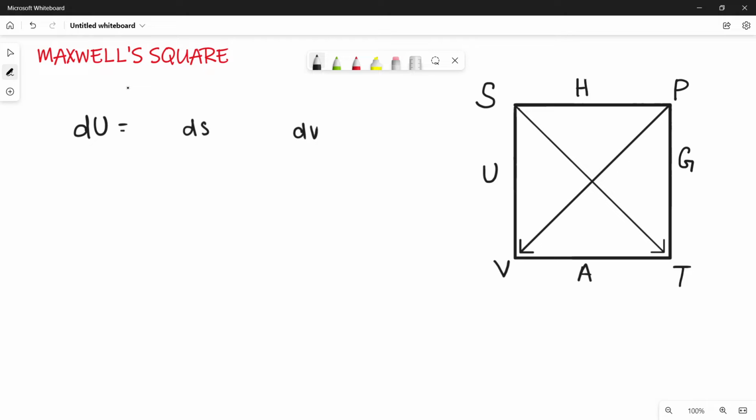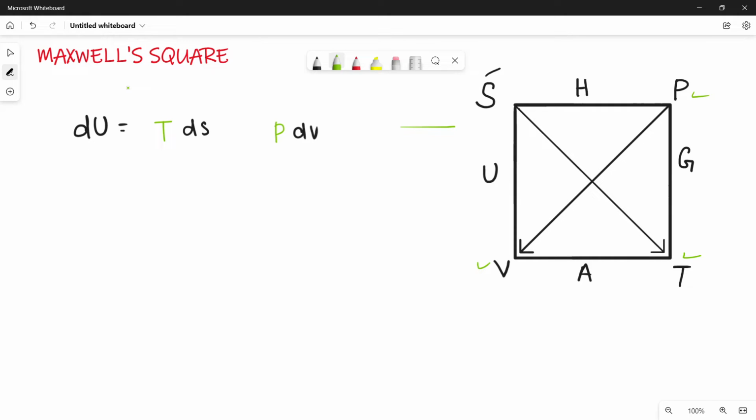Then just check what is opposite to these two quantities. Here I have to check what is opposite to this S. Opposite to S, T is there. So I can write TdS, and opposite to V, P is there, so I write PdV. The sign depends on the arrow.